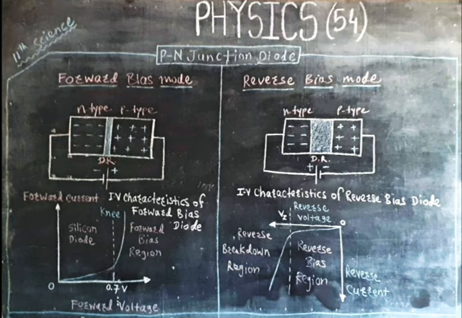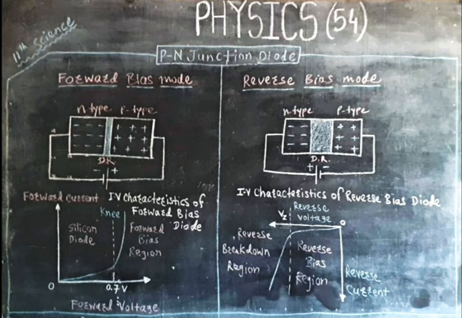For germanium, the value of knee voltage is about 0.3 volt, and for silicon diode the value is about 0.7 volt. In our diagram also we can see that for the silicon diode the knee voltage is 0.7 volt.